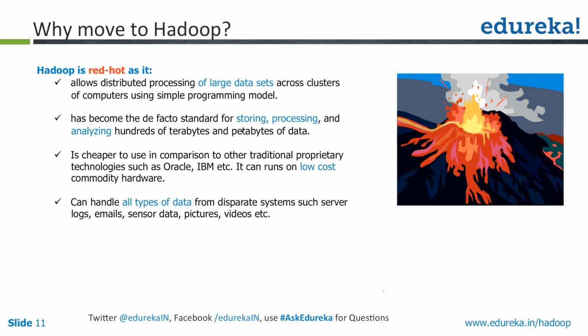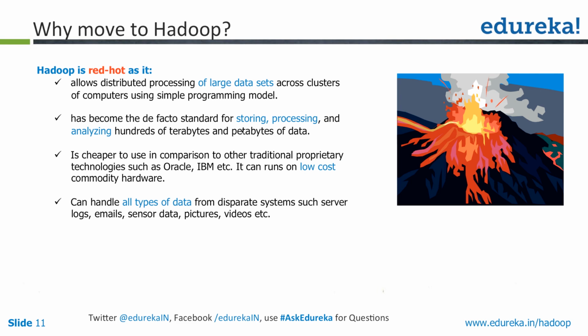The Hadoop infrastructure will look like this: you'll have a name node, which is for keeping your metadata, the data about your data, and then a large number of computers called data nodes, where you can store your data. And all this can be done through a simple programming model.